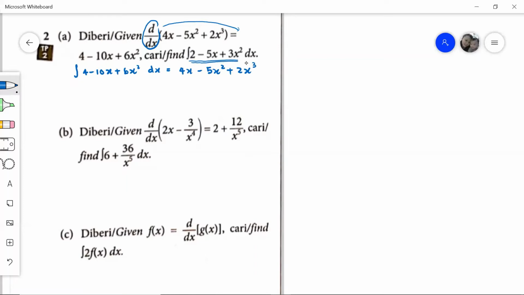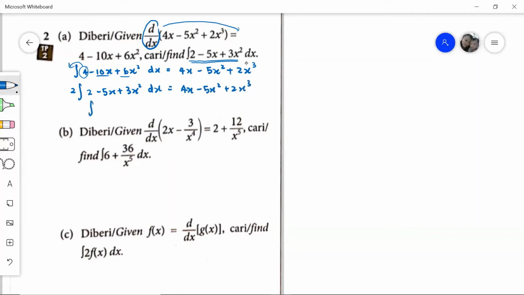So if I factorize the 2 from this expression, we will get 2 times the integral of 2 minus 5x plus 3x squared dx, isn't it? This will be the question asked. Therefore, we can copy this one first, minus 5x squared plus 2x cubed.